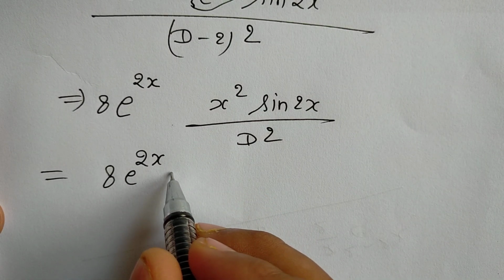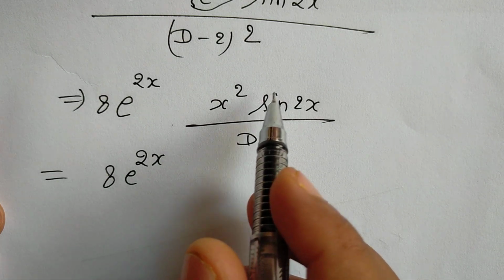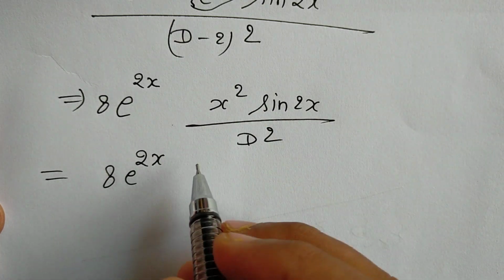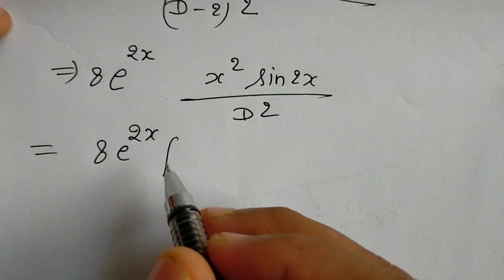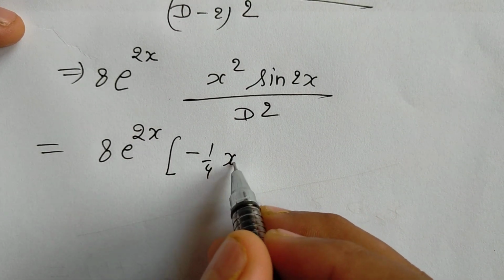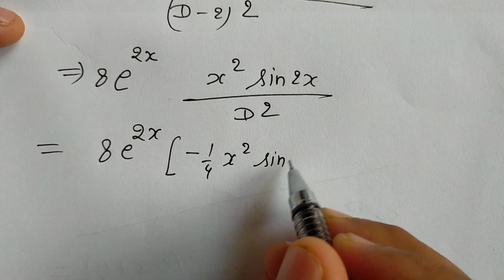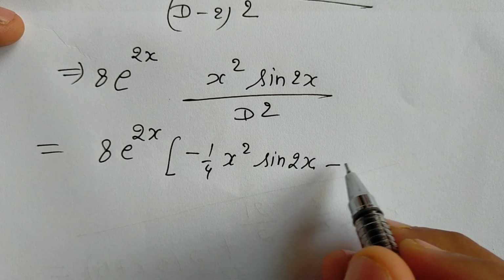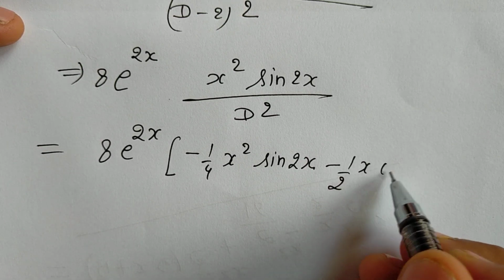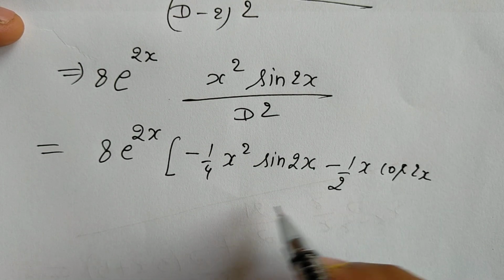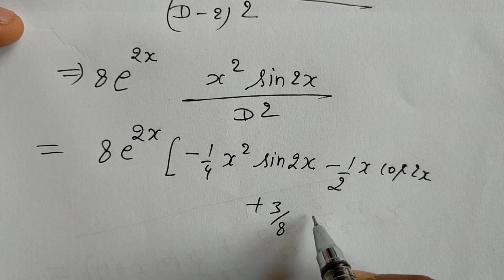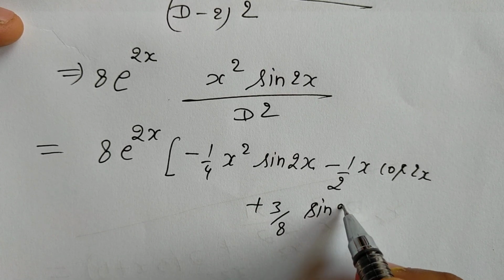If we integrate 2 times using integration by parts, we get the answer minus 1 by 4 x square sin 2x minus 1 by 2 x cos 2x plus 3 by 8 sin 2x.